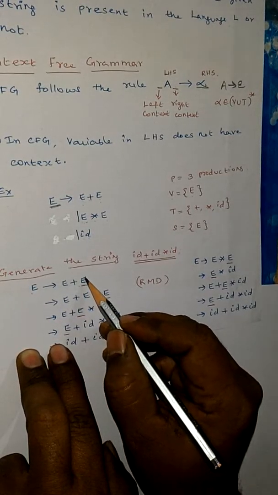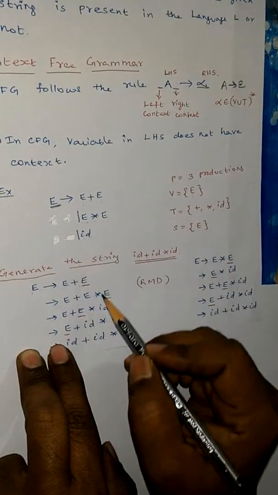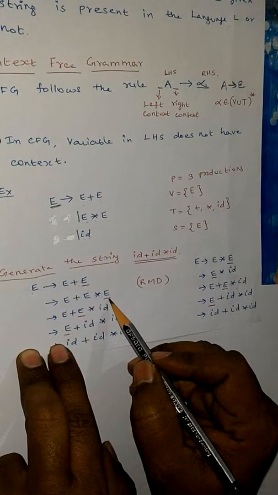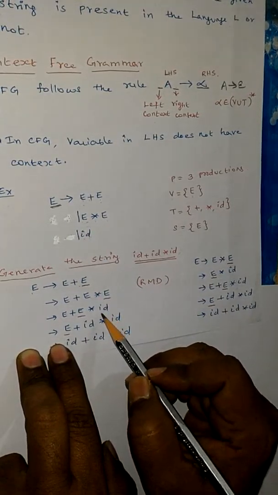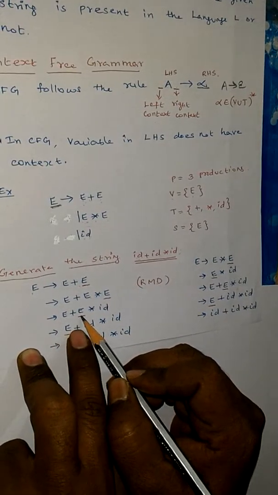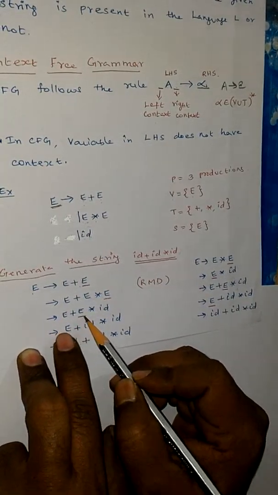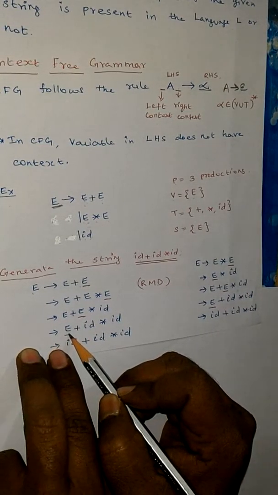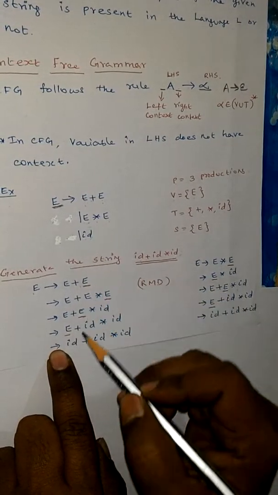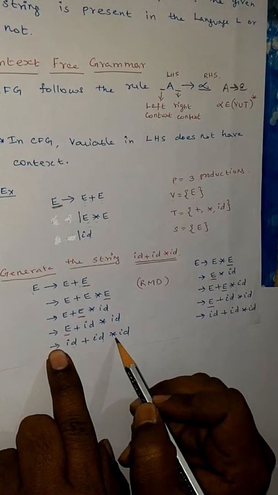Then the capital E is replaced using the second production E star E. Then this E is replaced by the third production E derives ID. Then again this E is replaced by the same production ID. So now we got ID plus ID star ID.